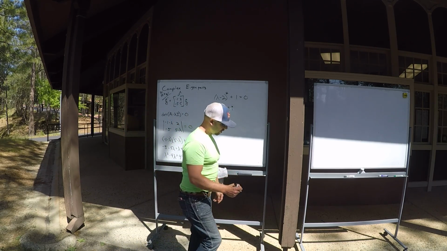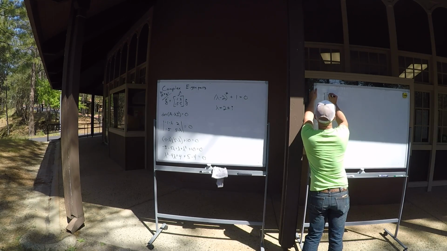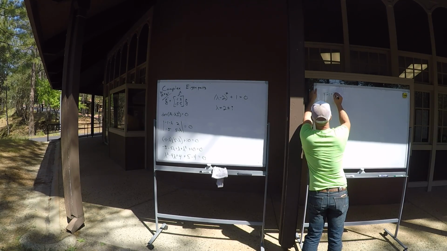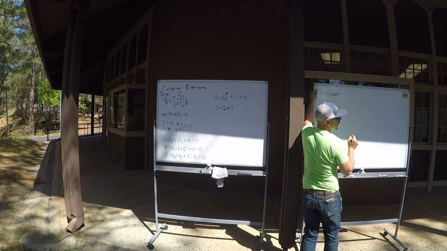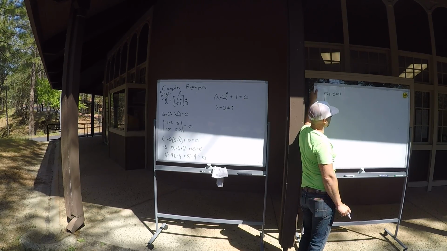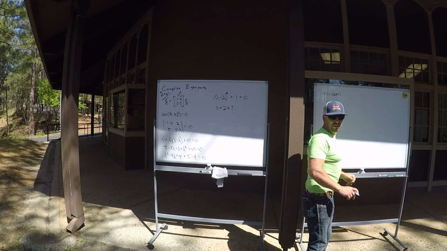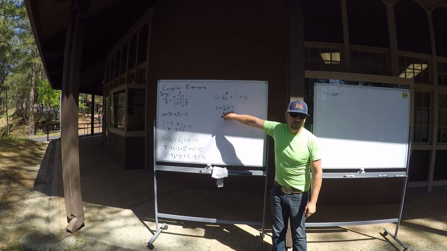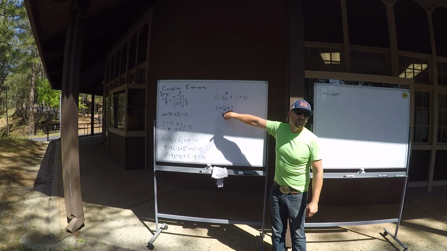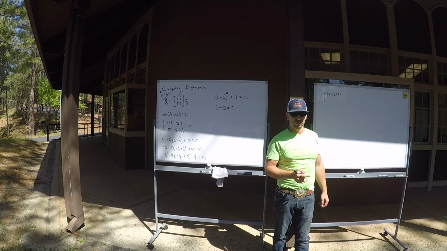So I have negative 1 minus the quantity 2 plus or minus i. I'm doing something just a tiny bit lazy here: I'm just going to leave the plus or minus in there, because I know that a complex conjugate pair of eigenvalues is going to give me a complex conjugate pair of eigenvectors.